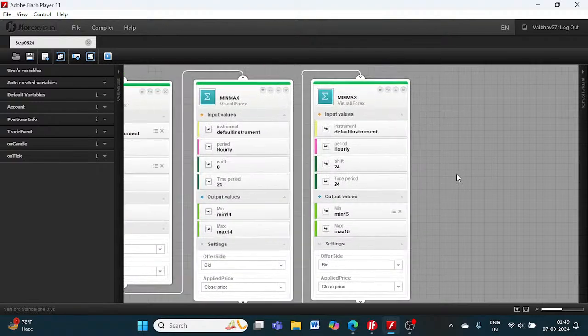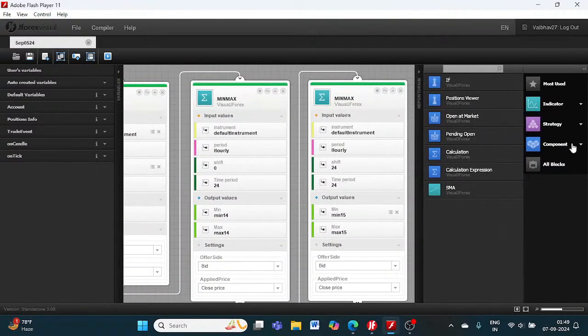I think we need to add historical candle for that purpose. So I'm going to need info.